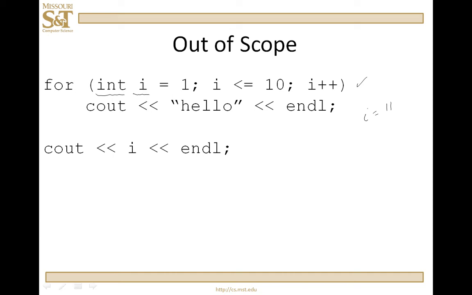Thus, when I exit that loop, I doesn't exist. Okay? I is out of scope. It doesn't exist, and we'll get a compiler error.